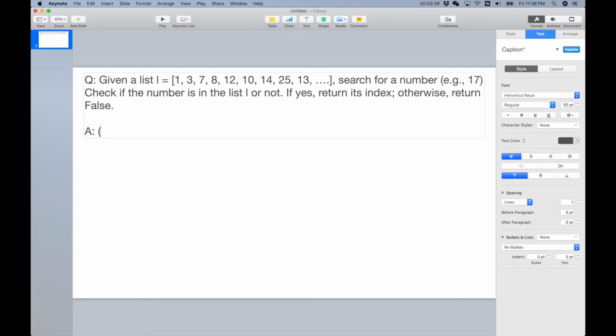A very straightforward answer we can have in mind is to go over all the numbers inside this list. We can check one by one to see if each number matches the desired number or not. So the first solution is very simple. It is linear search.